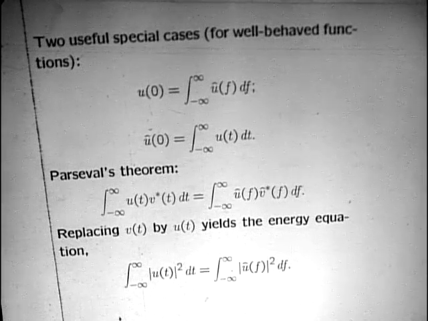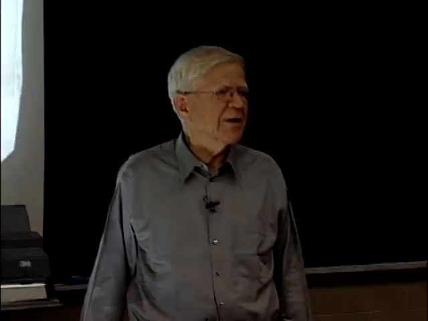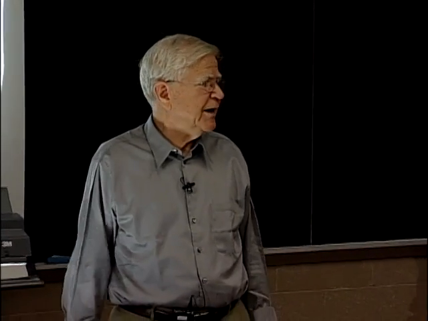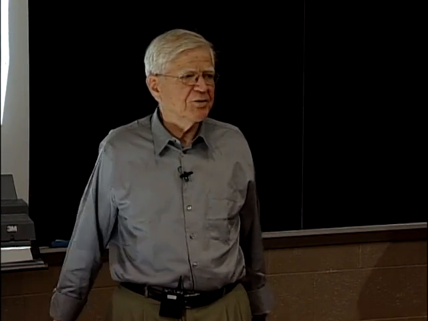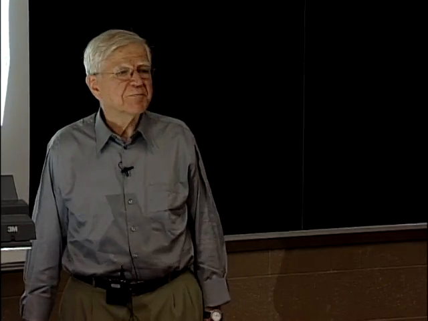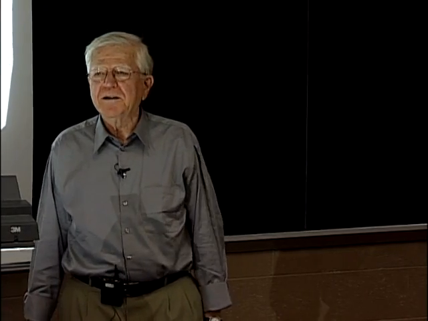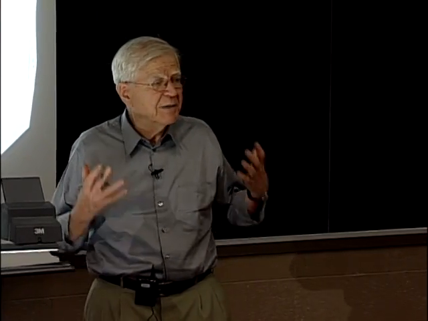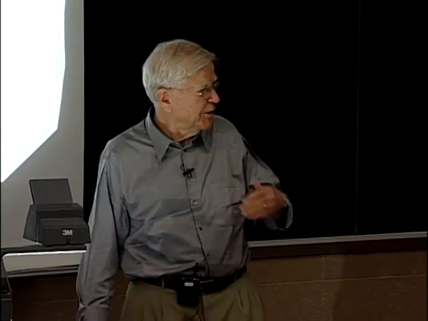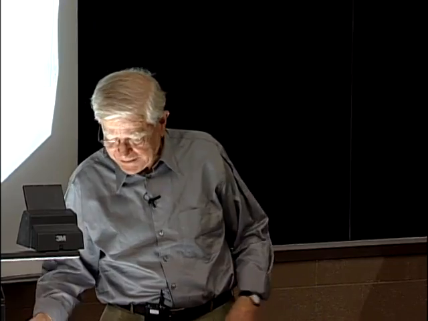Anybody can take a rectangular function, square it, and integrate it. It takes a good deal of skill, if you don't use this relationship, to take a sinc function, square it, and integrate it. You can do it if you're skillful at integration. You might regard it as a challenge, but after you get done, you realize that you really wasted a lot of time, because this is the right way of doing it.